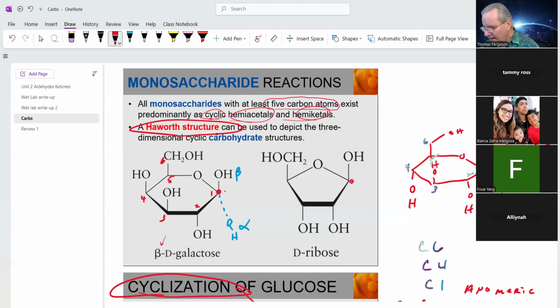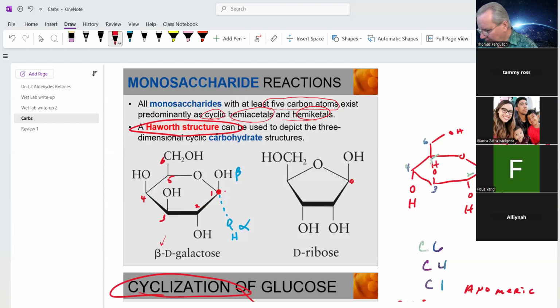Now, the carbons are in a 6-membered ring; fructose is a 5-membered ring. This is a heterocyclic ring because not all the units are carbon. There's an oxygen in there. So the anomeric carbon on the 6-membered ring is going to be carbon number 1 and goes around and then up to the carbon that's above the ring.